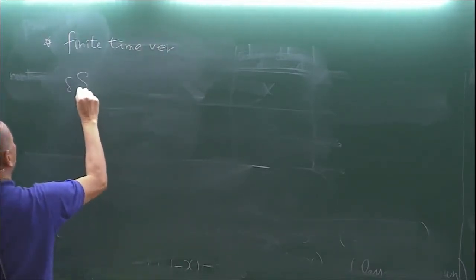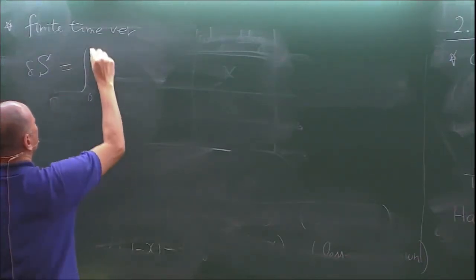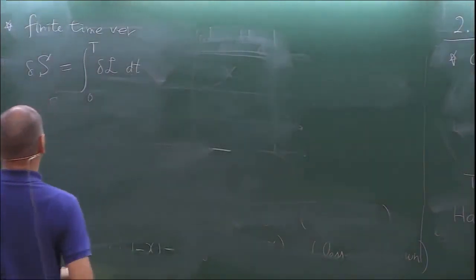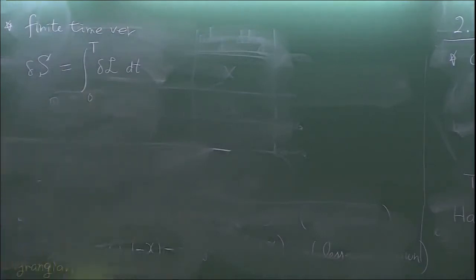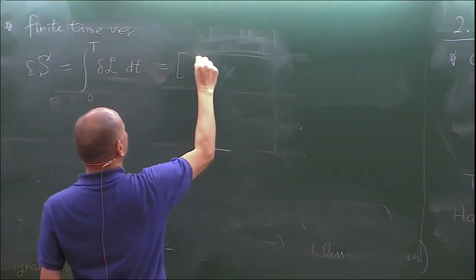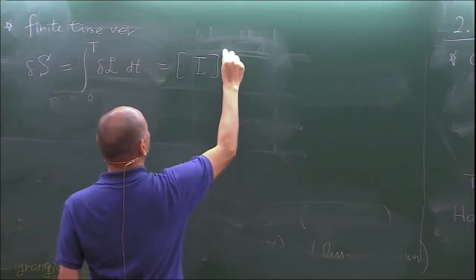Namely, how these things change when you shift this contour a little, then it is just the integration of these things along the contour. But this one is already calculated. Here, it becomes a total derivative of something. So it's just integrated, I from 0 to t.